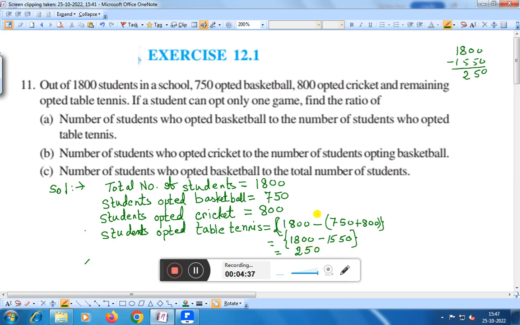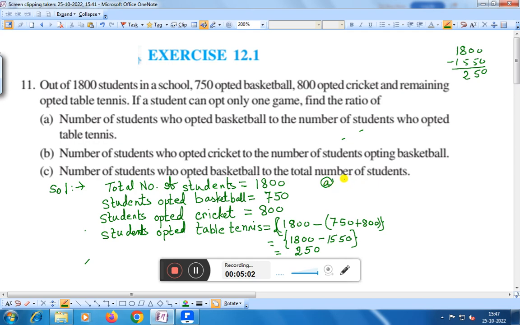Right? Now question number A: find the ratio of the number of students who opted basketball to the number of students who opted table tennis.